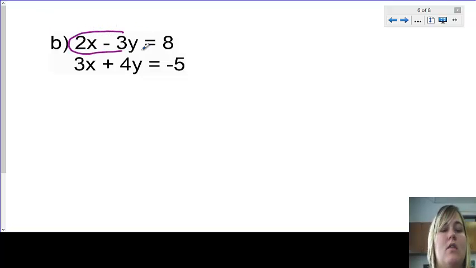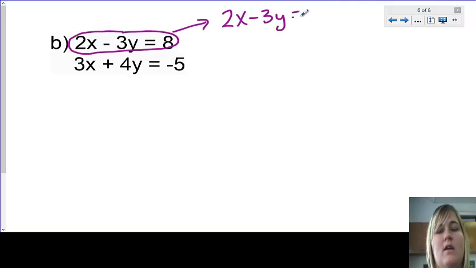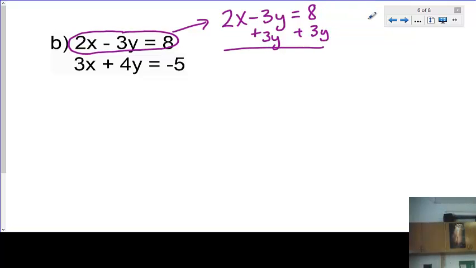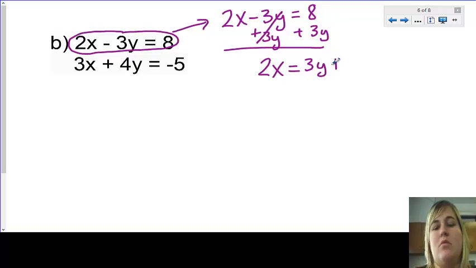So on this one, for example, if I have 2x minus 3y equals 8, and I add 3y to both sides of the equation, I will see that these are going to cancel, so I have 2x equals 3y plus 8.